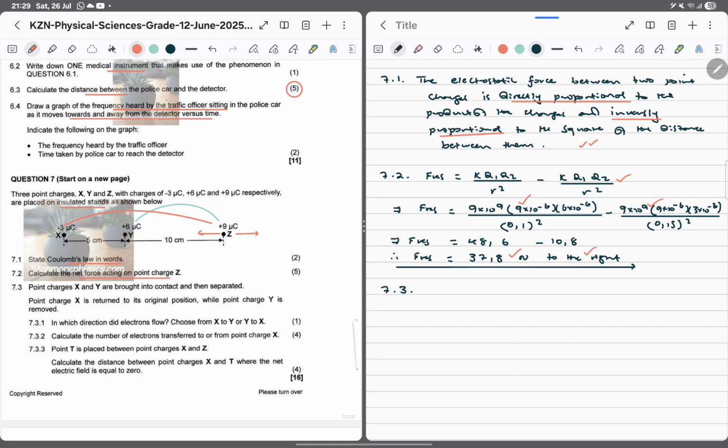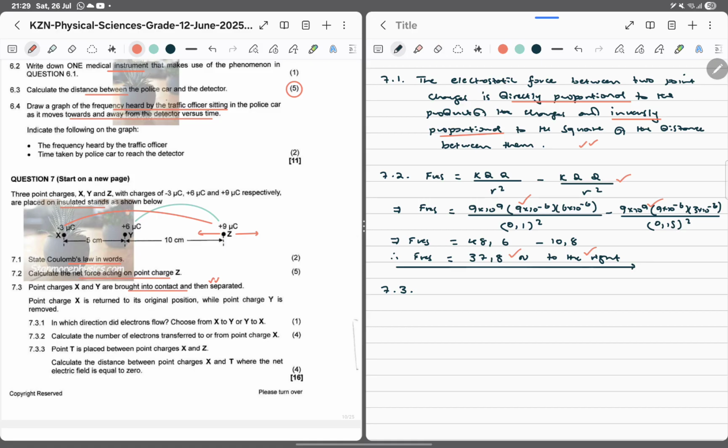7.3 says, point charges X and Y are brought into contact, then separated. Actually, I shouldn't say 1 and 2 here. There's no 1 and 2 here.